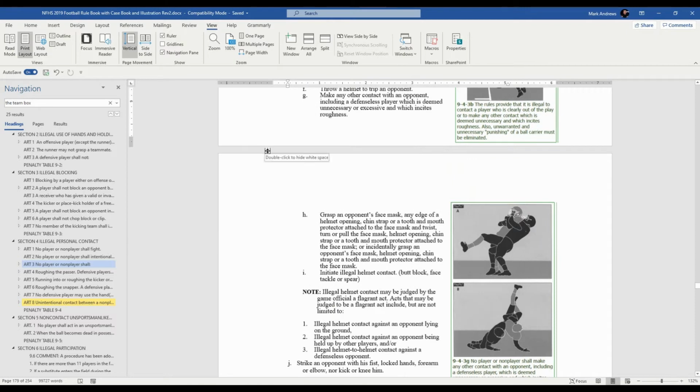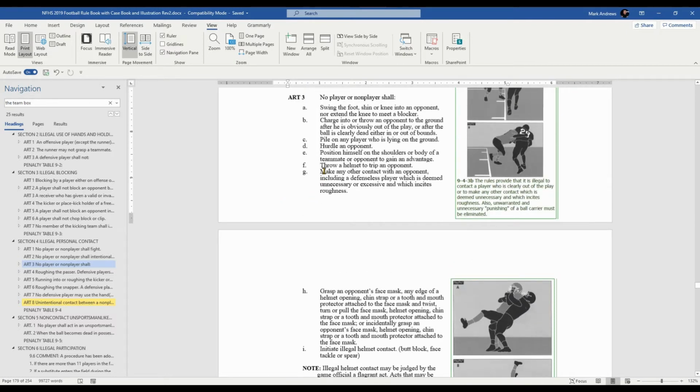Okay, and G says make any contact with an opponent, including a defenseless player, which is deemed unnecessary or excessive and which incites roughness.